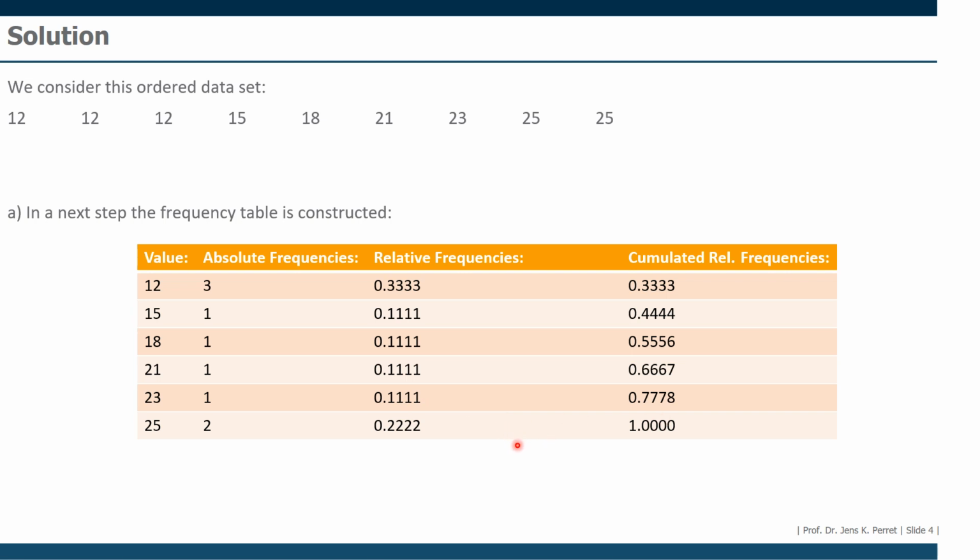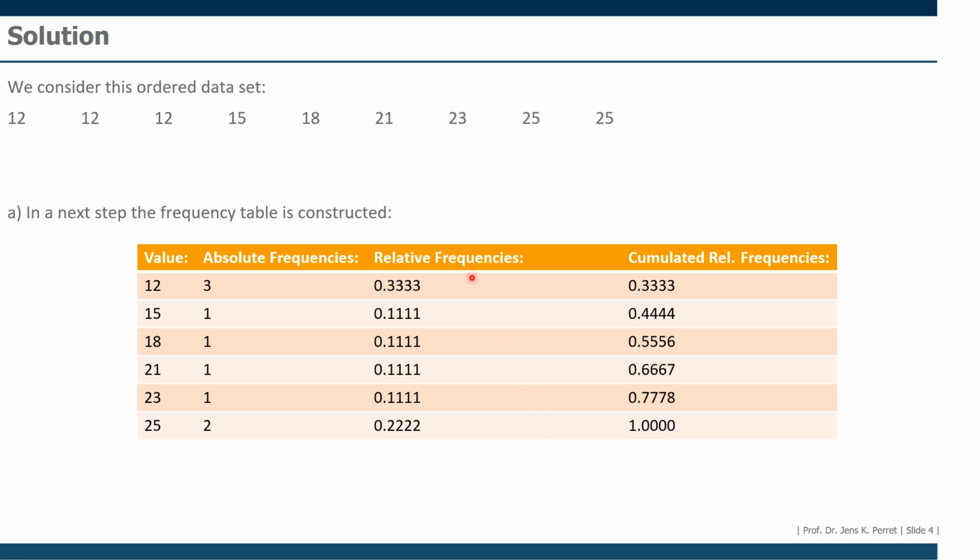If I'm unsure whether I did this correctly, I can either add up all the relative frequencies, and in the end I will get 1 or 100%, or I can check the last value in my column on the cumulated relative frequencies, because here I always need to get 1 or 100% as well. And well, that's already my frequency table.